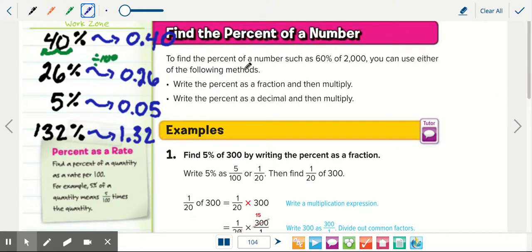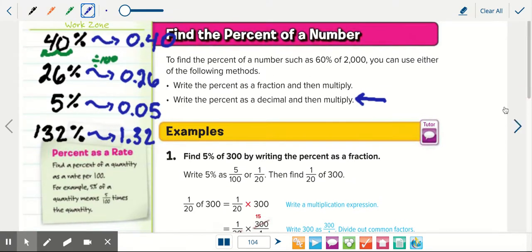So the book goes through 2 different ways to solving percents of numbers. The first way deals with writing the percent as a fraction and then multiplying. And the second way talks about writing the percent as a decimal and then multiplying. We're going to stick with the second way, but please note that they are the exact same thing.